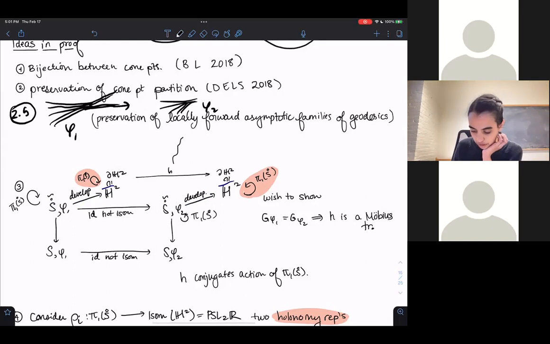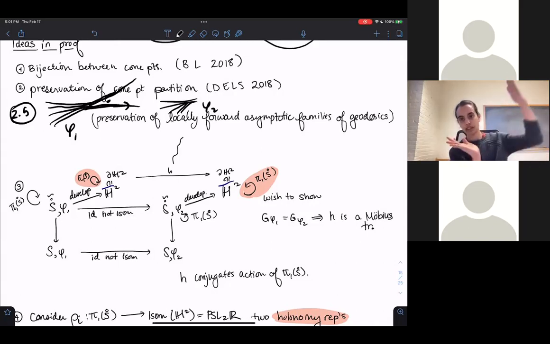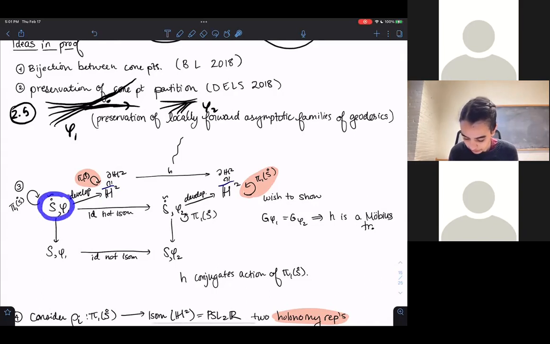So something where there could be a cone point that causes them to diverge like this. But once I develop, they'll go to a forward asymptotic family here. And because we have the preservation of this forward asymptotic property, we actually get a map from the space at infinity here to the space at infinity here.